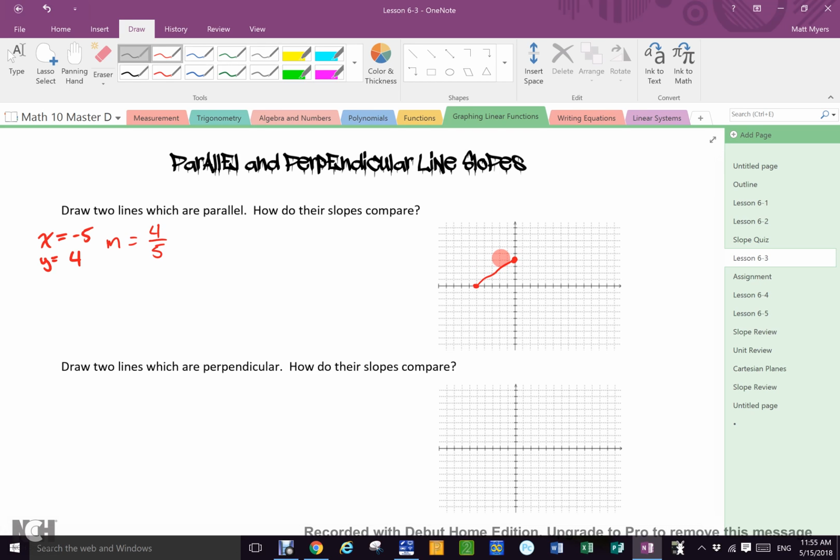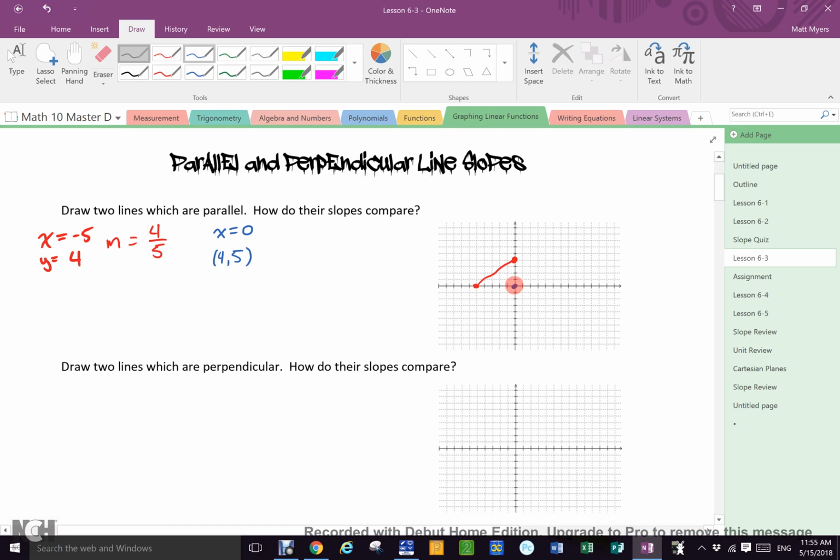Yeah? Okay. Now, put a dot at x equals 0. And put a dot at... wait a minute, I gotta think about this. At 4, 5.